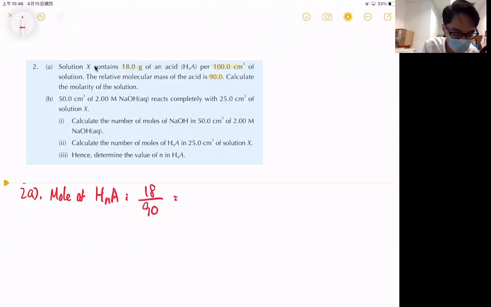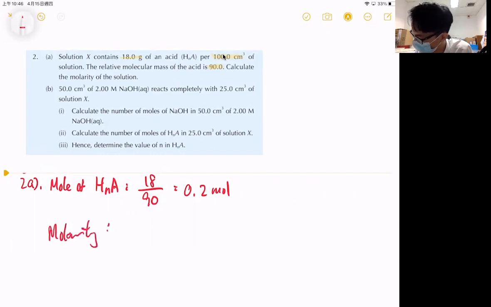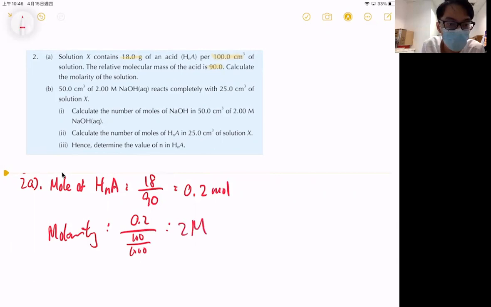And you will get 0.2 mole, right? And afterwards, we know the mole and also the volume, and we can get the molarity. How can we calculate? That is the mole divided by the volume, and you will get 2M. So that is the answer of 2A.